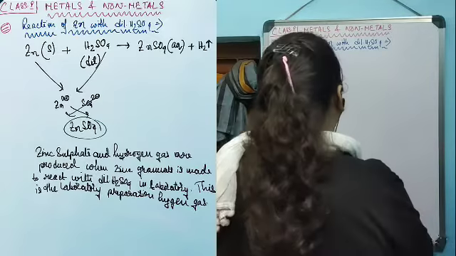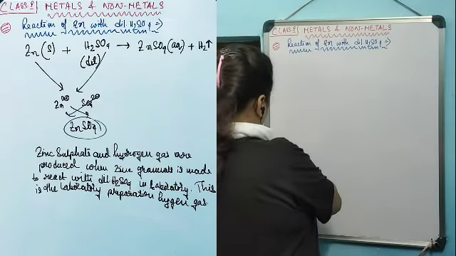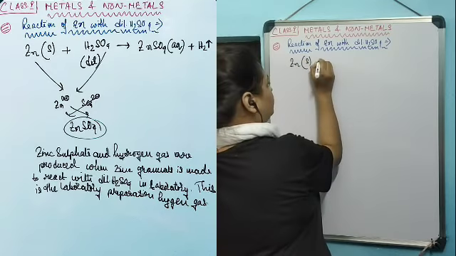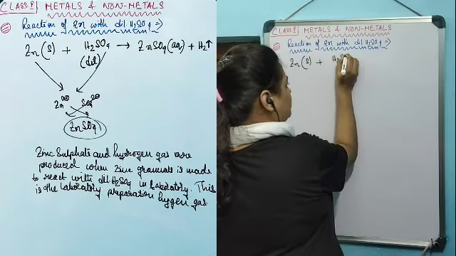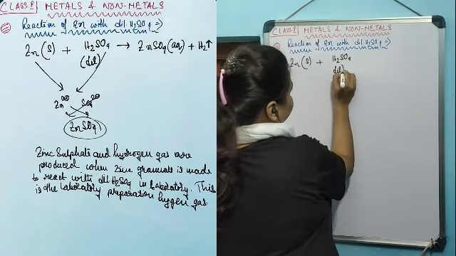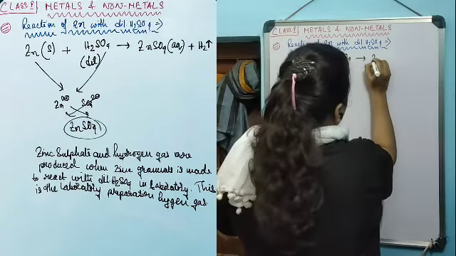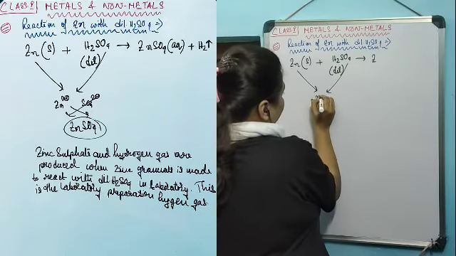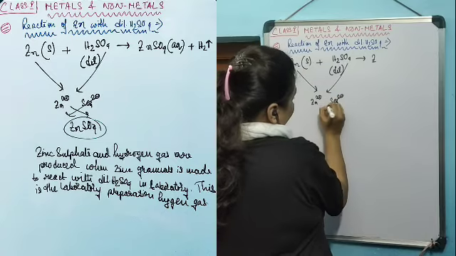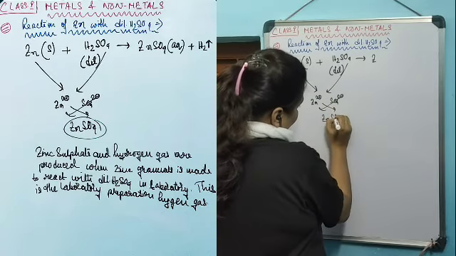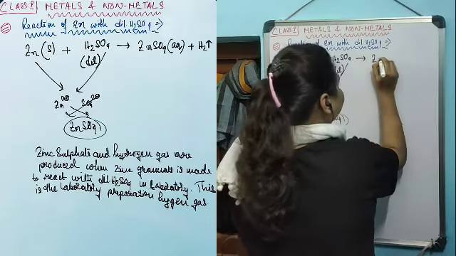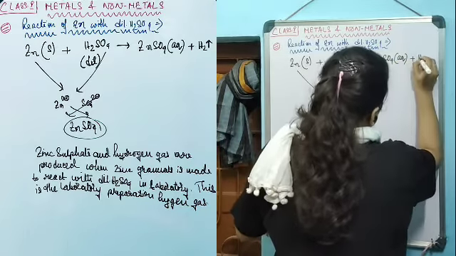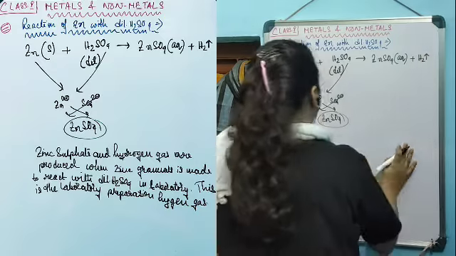So what happens is that zinc granules, that is zinc solid metal, react with dilute H2SO4 and produce Zn2+ and SO4 2-; by interchanging, ZnSO4, the sulfate salt of zinc, forms in aqueous medium, and H2 gas liberates.